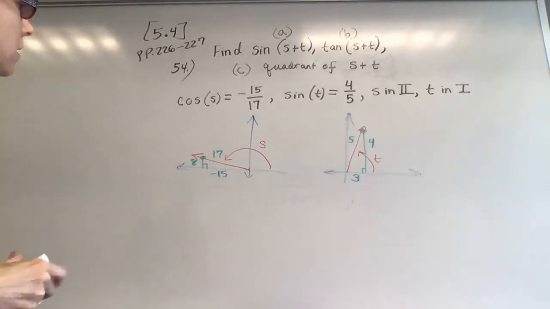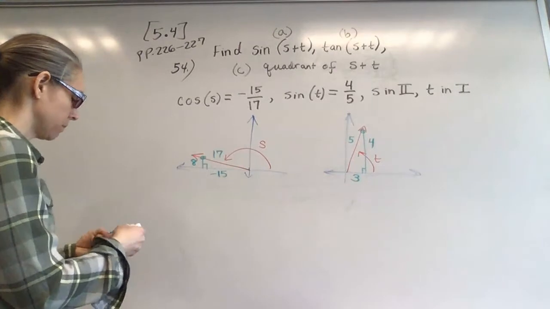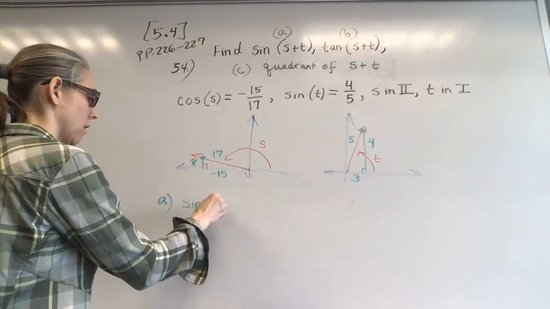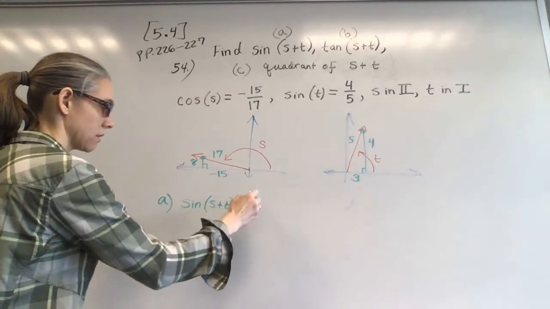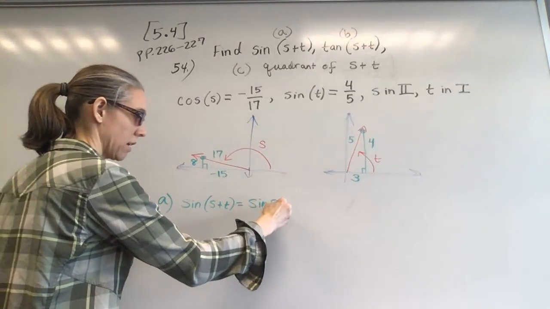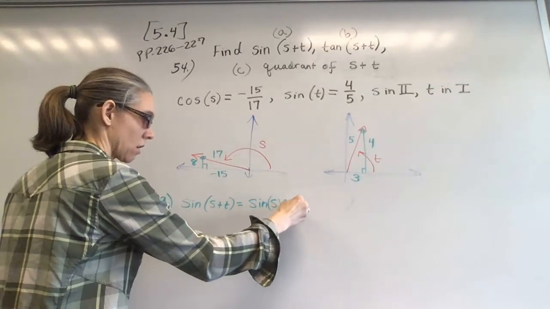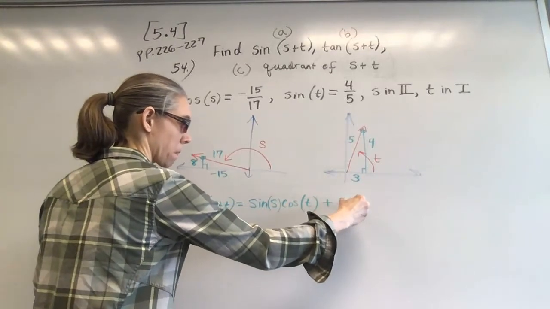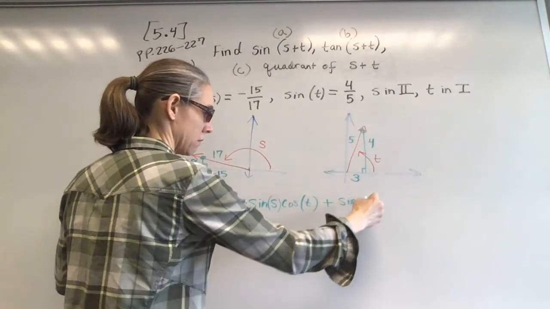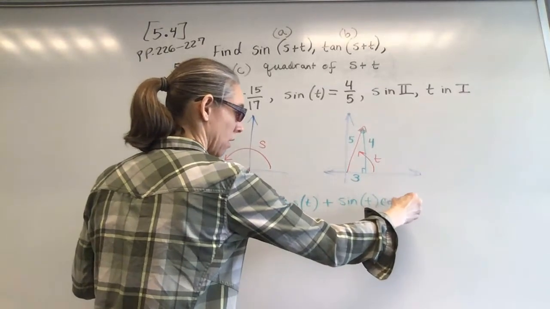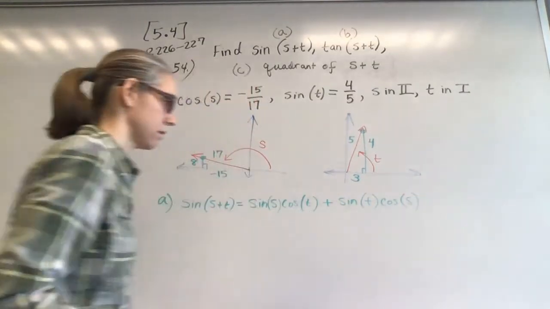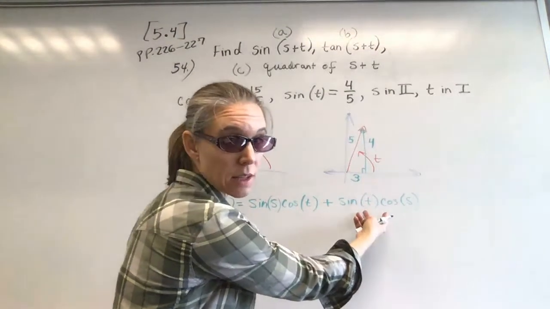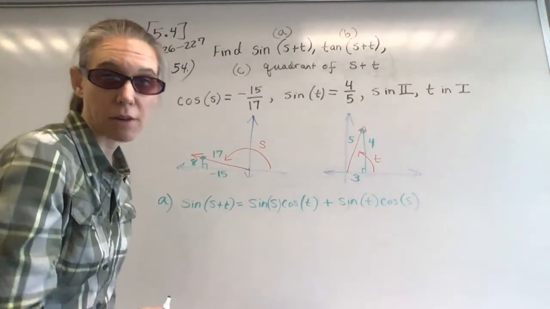Okay, so next I do part A using the formulas. So part A, I need the sine of S plus T. So this is going to give me sine S cos T plus sine T cos S. Now, the formula may actually be cos S sine T. I forgot, but it doesn't matter.